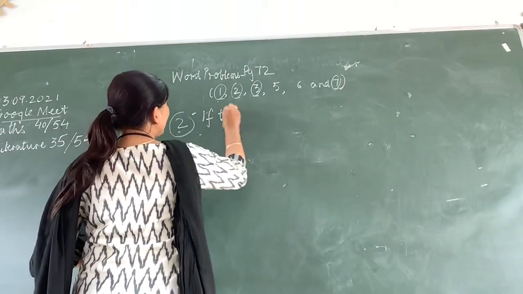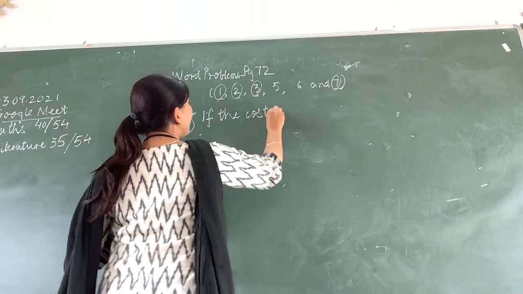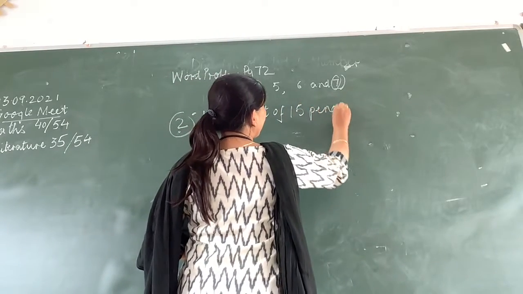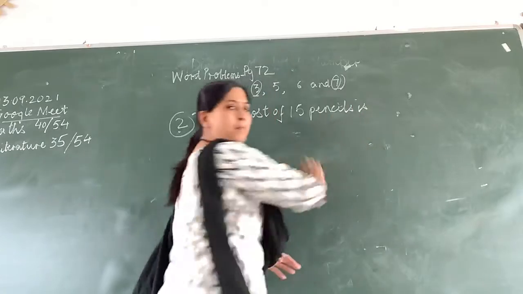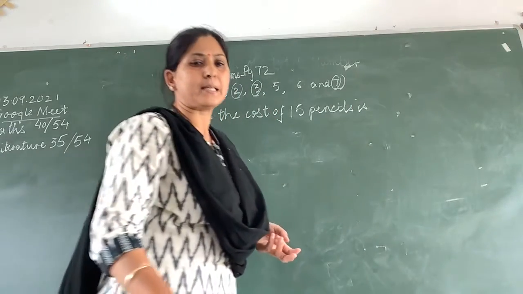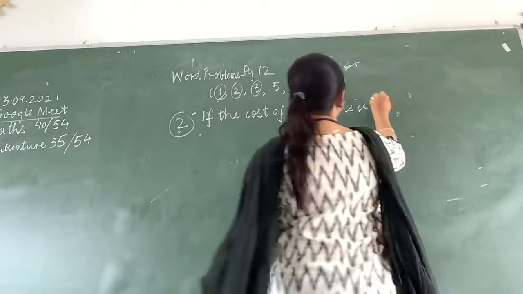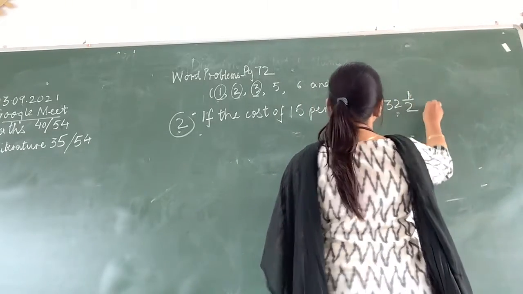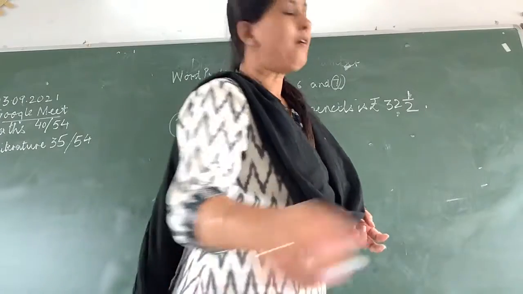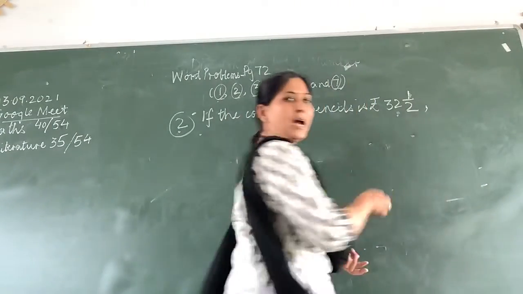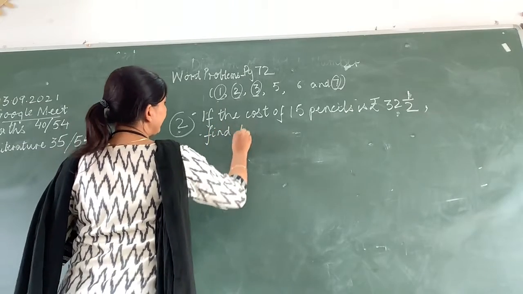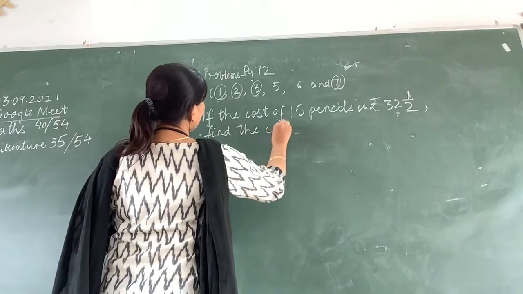If the cost of 15 pencils is 32 and a half rupees. Now, what do we have to do? We have to find the cost of one pencil.